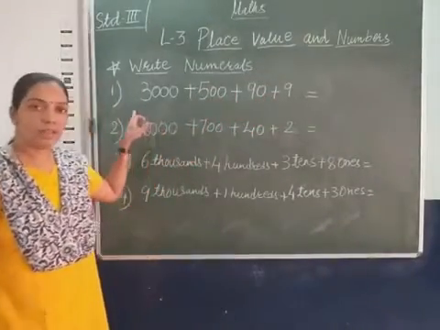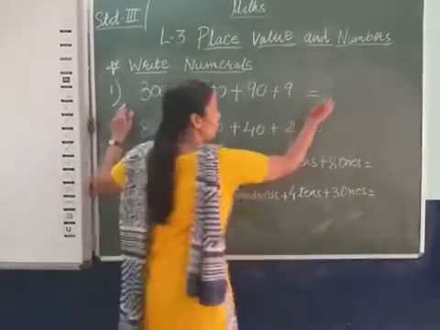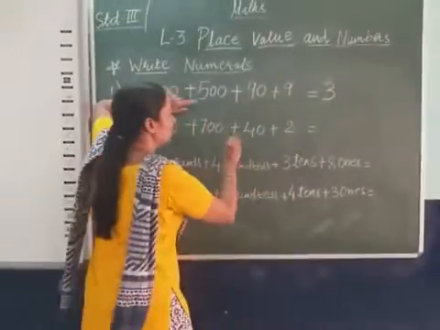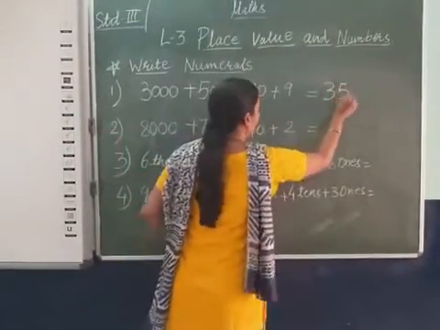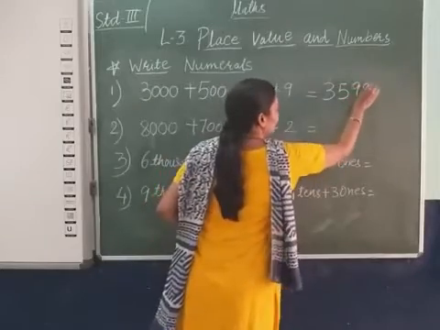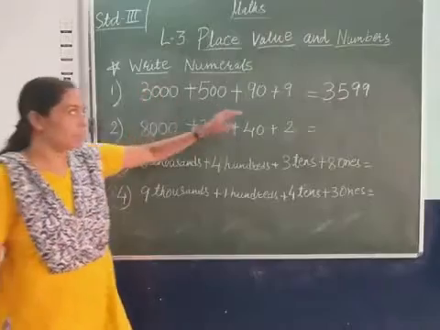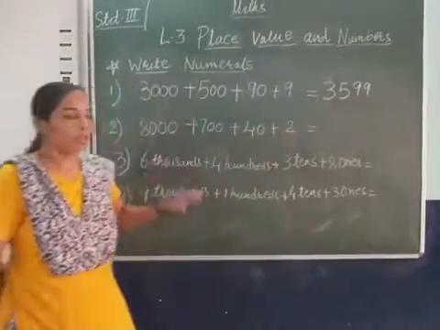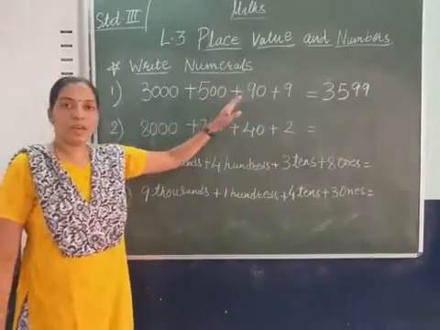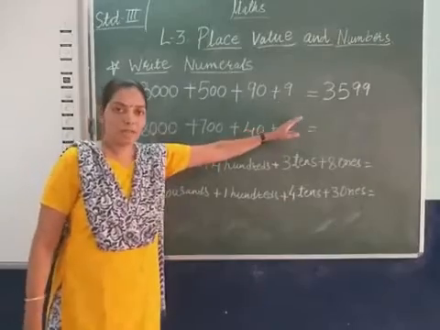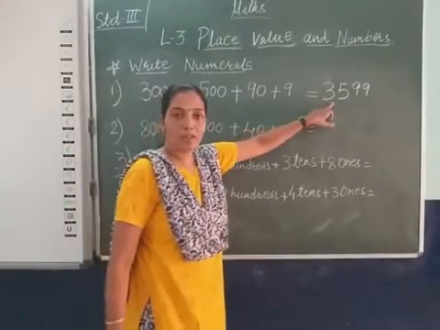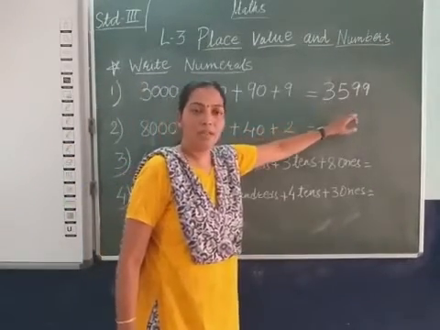So we write the number for it: 3599. This is the expanded form and we write here the number for 3000 plus 500 plus 90 plus 9. We give number for that 3599.